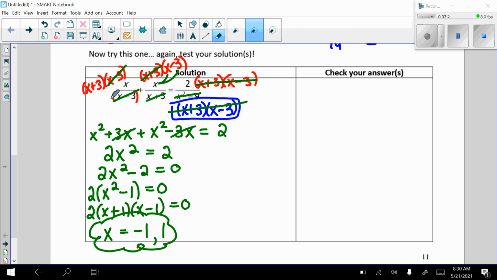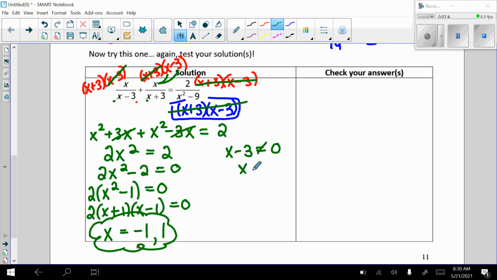So let's think about this. We still have to look at our denominators, and you can look at this one here too. We have to figure out what values would make the denominators equal 0 because x cannot be those numbers. So we would take x minus 3, we take our factors basically, and say that cannot equal 0. So we know that x cannot be 3.